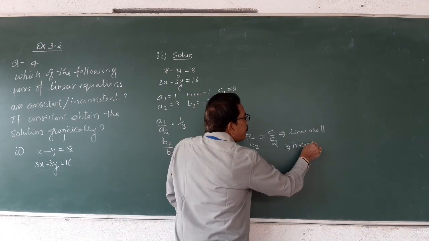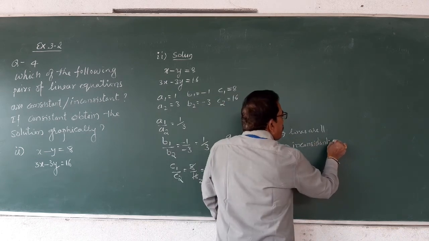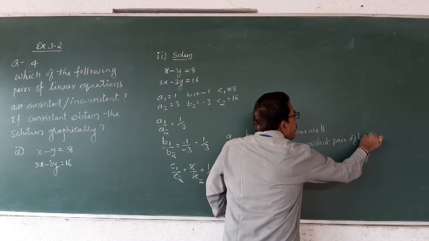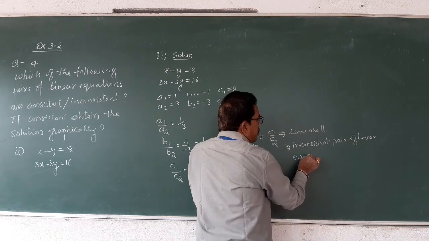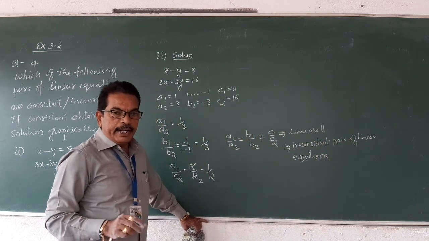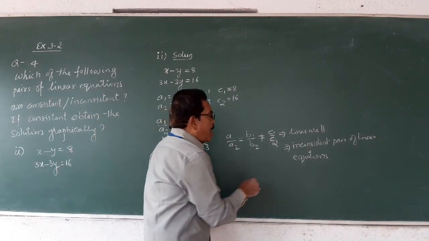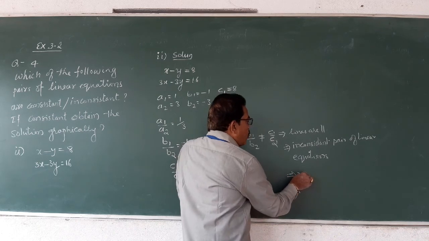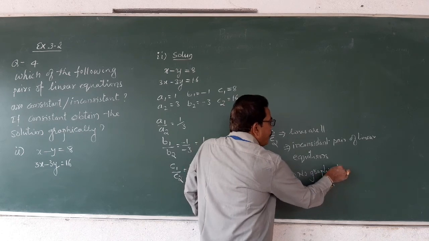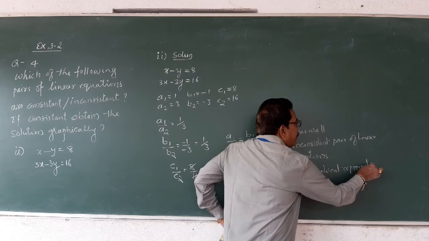So, if the lines are parallel, what does it indicate? It is an inconsistent pair of linear equations. If linear equations are inconsistent, what does it imply? It implies no graphical representation.